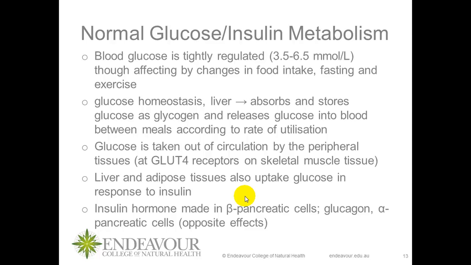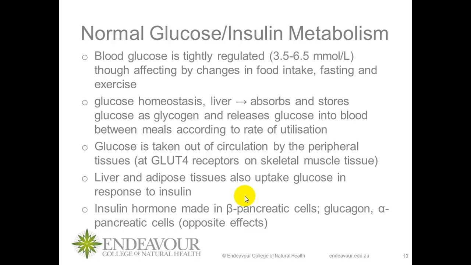So alpha pancreatic cells release glucagon, and glucagon is very opposite in many effects to insulin. For example, glucagon tends to encourage all of the catabolic pathways. There is one, though, gluconeogenesis, which is activated by glucagon and inhibited by insulin.